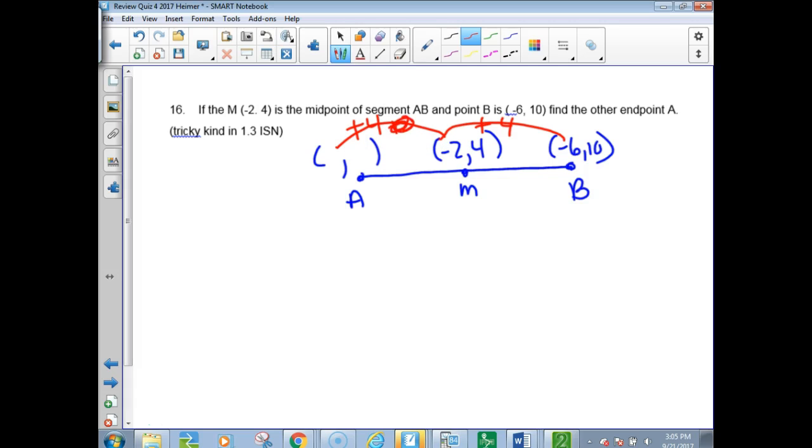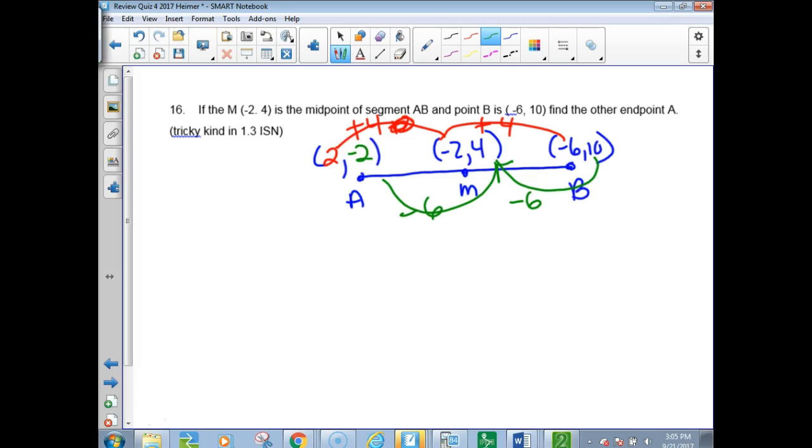You're adding 4 to -2. That gives you a 2. Then if you're going from 10 to 4, that's going down how much? Down again 6. 4 minus 6.